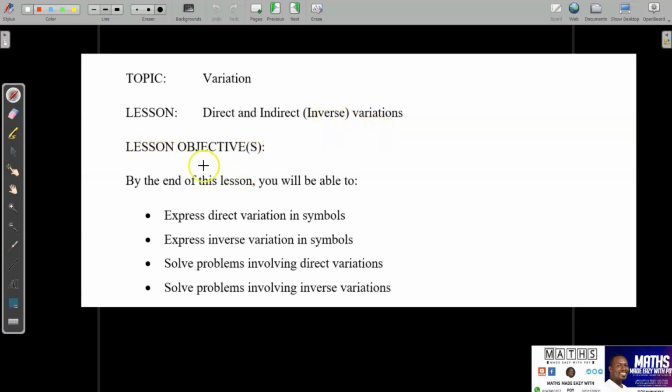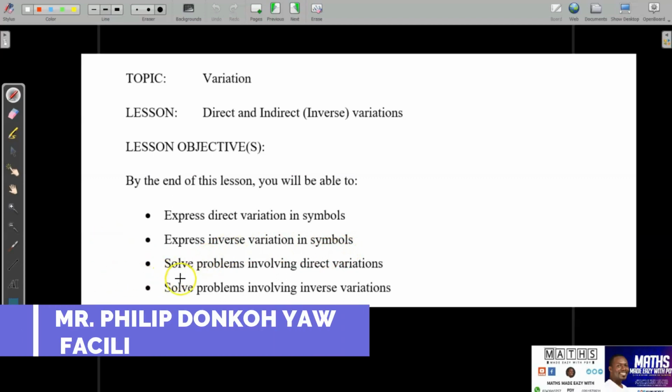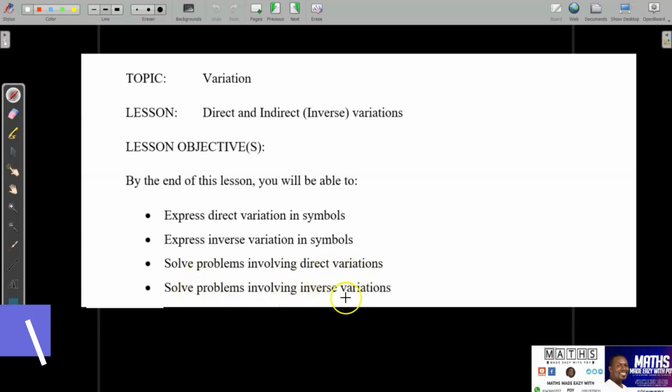By the end of the lesson, you should be able to express direct variations in symbols, express inverse variation in symbol form, and solve problems involving direct variations and problems involving inverse variation. So this is our major objective for today, and it's my wish that by the end of the lesson you should be able to get this going.